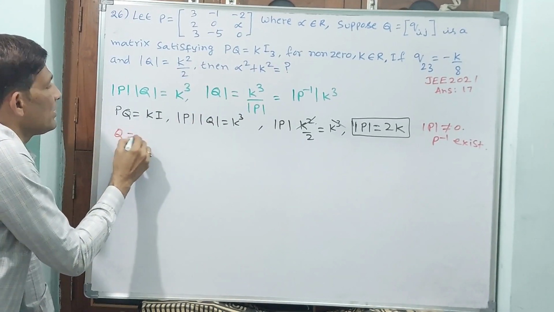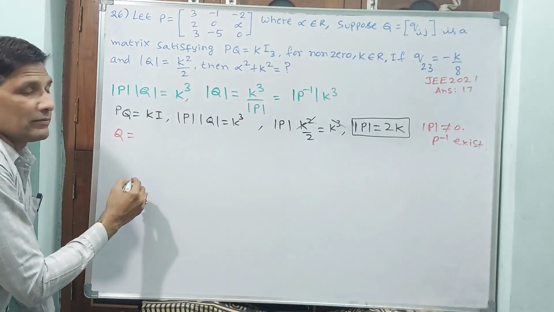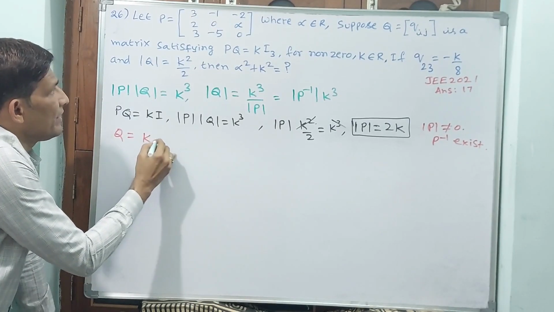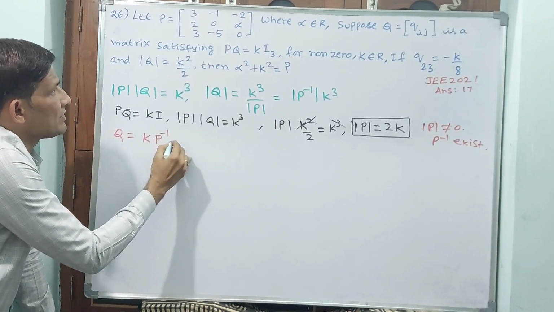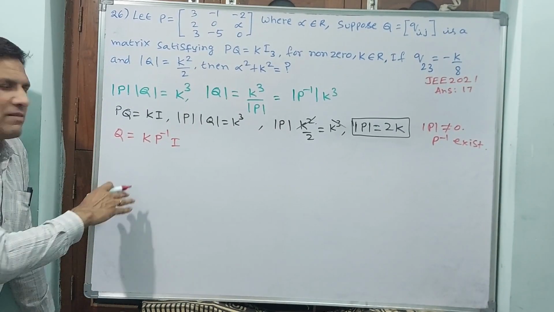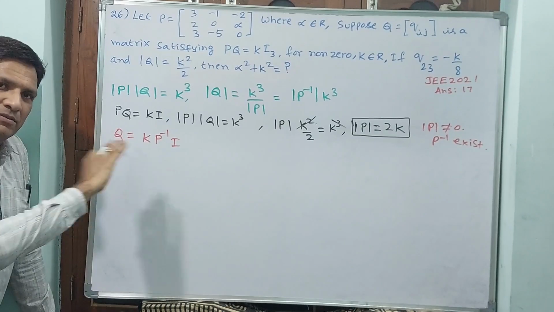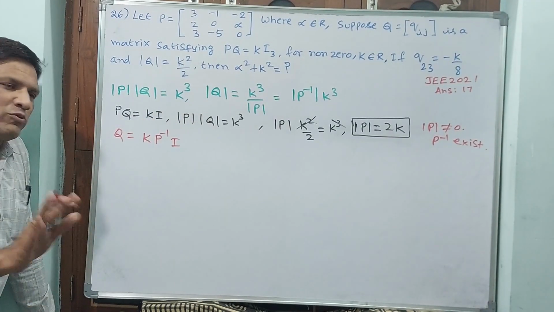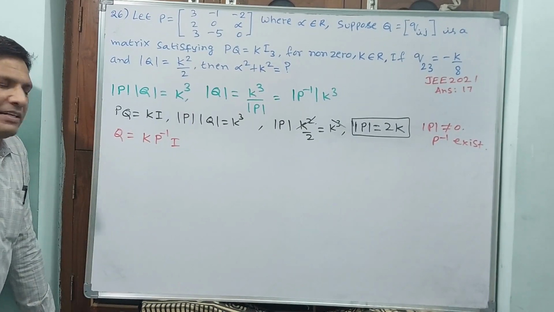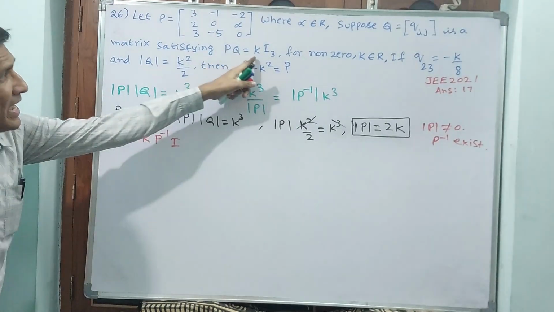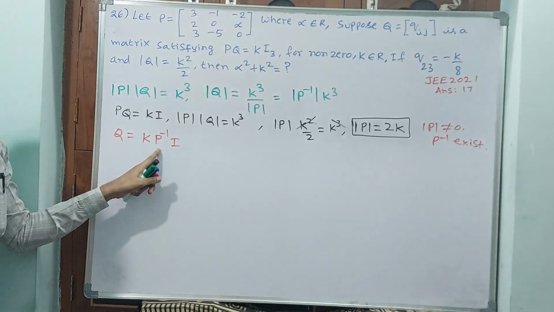Q is equal to K P inverse I. I3 and I both are same. Why? Because I3 means here a 3 by 3 matrix, and I2 means 2 by 2. Here we consider 3 by 3 only. That is why I have written. Q is equal to KI by P, but P inverse also I can write.